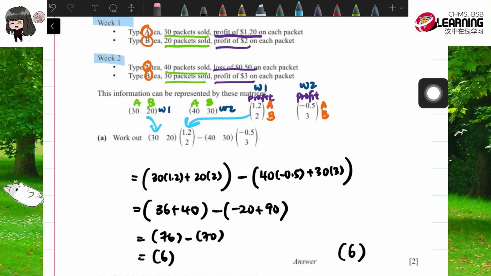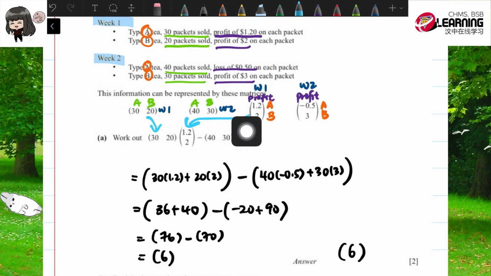Maybe we don't say profit, we say earning, because earning can be loss or profit. So when we times 30 times 1.2 plus 20 times 2, we are finding the total profit. Total profit is definitely profit because it's positive, right? The total earning for week 1.